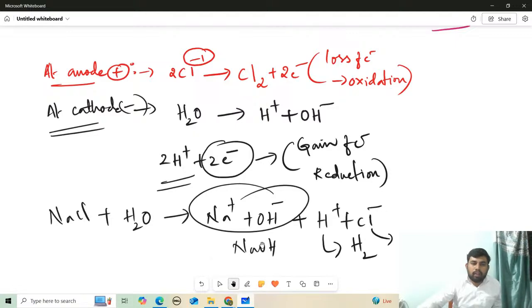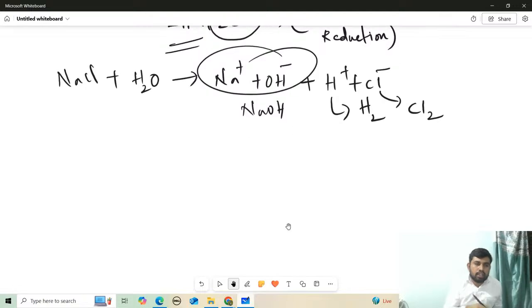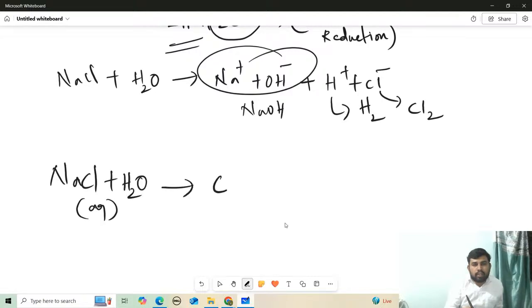Let me write the final equation. Aqueous NaCl plus H2O gives rise to Cl2 plus NaOH plus H2. Okay, that is what is called chlor.